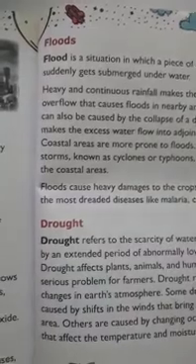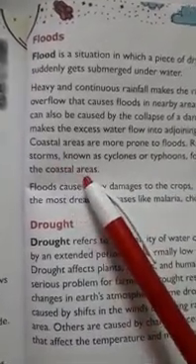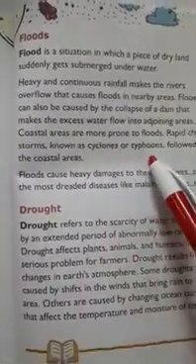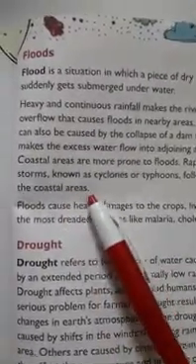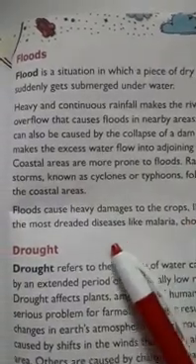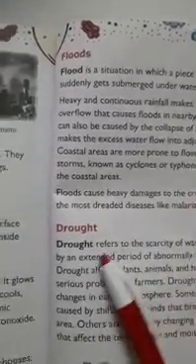It is known as cyclone or typhoons, followed by heavy rains. This causes floods in the coastal areas. So because of different reasons, because of heavy rainfall, because of overflow of river or collapse of dam, or because of storm, these floods can occur.